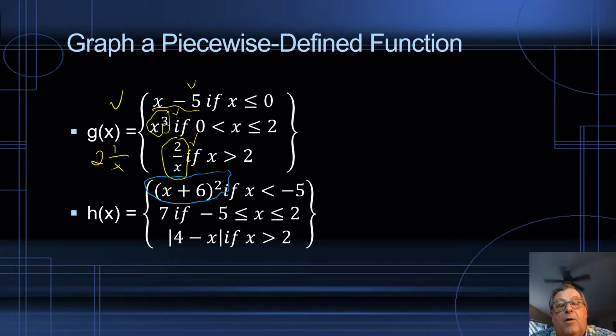Then the second part of this piecewise function of h of x is we got 7. Well, that's just going to be a constant function, a horizontal line. And the conditions are if x is greater than or equal to negative 5 and less than or equal to 2. And then finally, we've got the absolute value of 4 minus x.